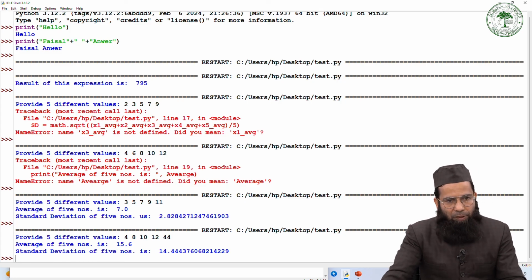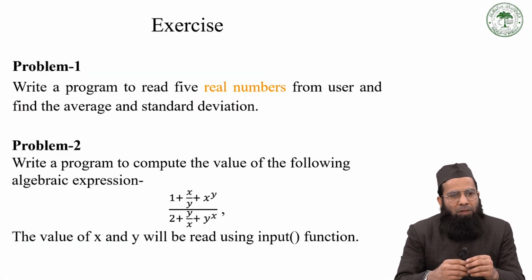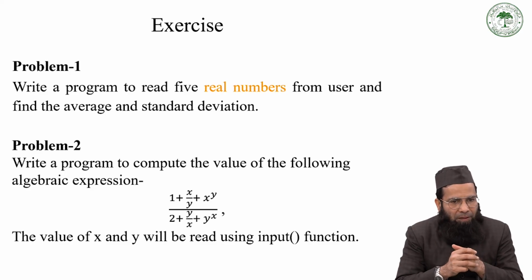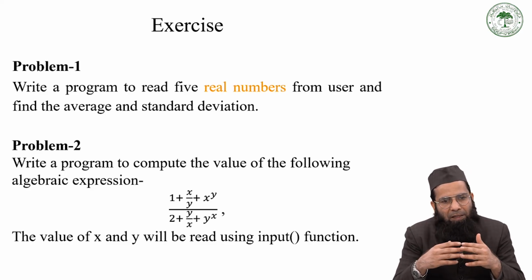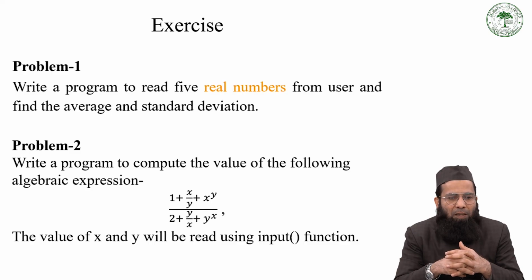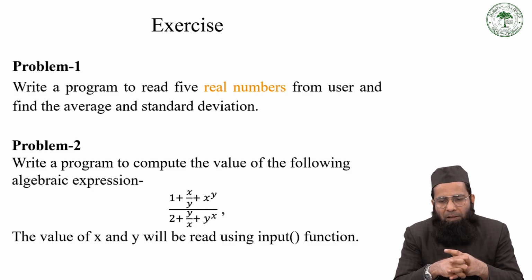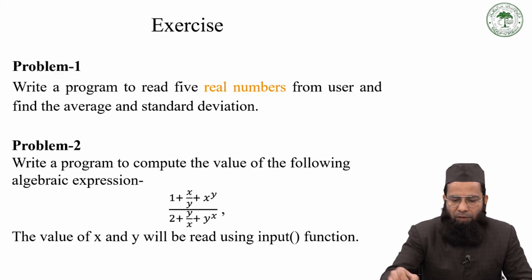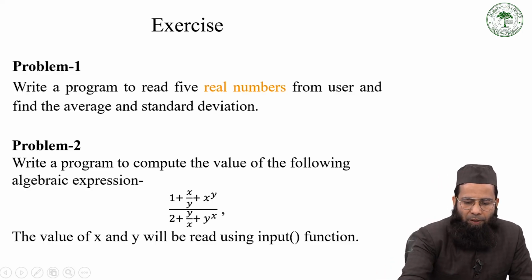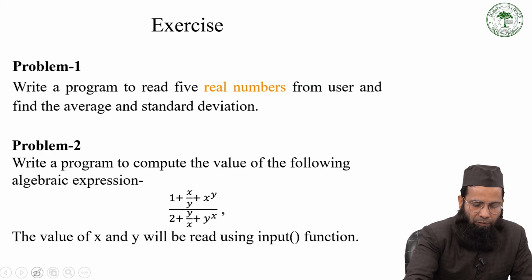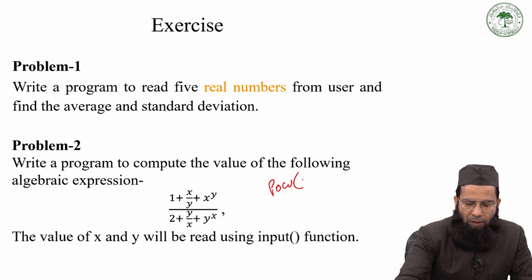Let me come to the PPT now. Now you can solve this second problem as well, right? First calculate x divided by and x to the power 5. If you are calculating x to the power y, there is a power function, which is pow. Let me write that function, pow(x, y).